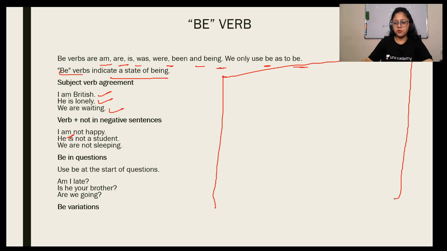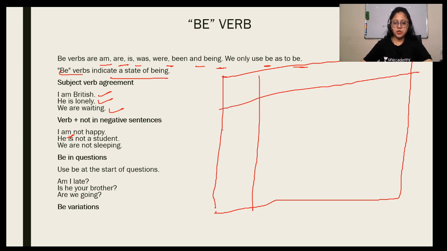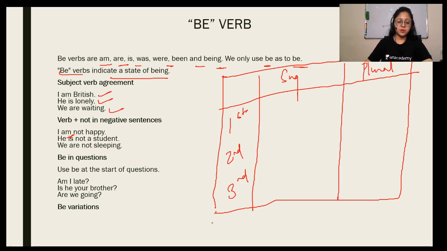To understand your verb correlation with the subject, it is very, very important to understand which one is which verb. So we've got the first person, the second person, and the third person, and you've got the singular and the plural. Until and unless you understand this, you will not be able to do your work properly.